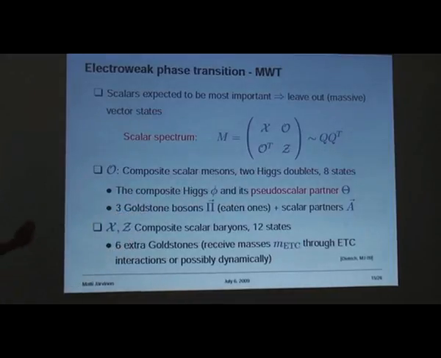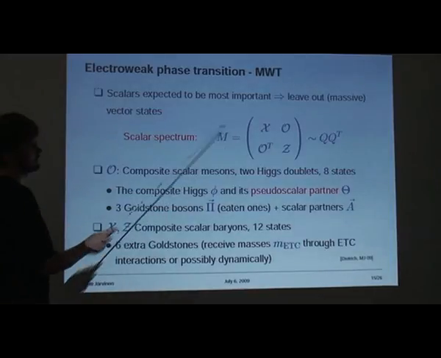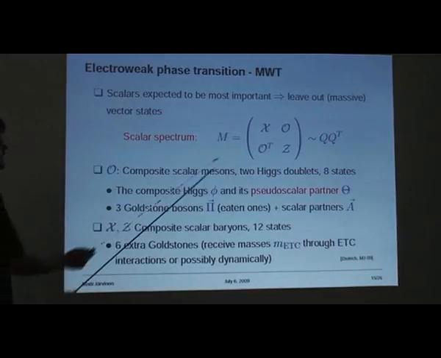So it transforms under SU(4) in such a way that you multiply it by a group matrix from both sides.